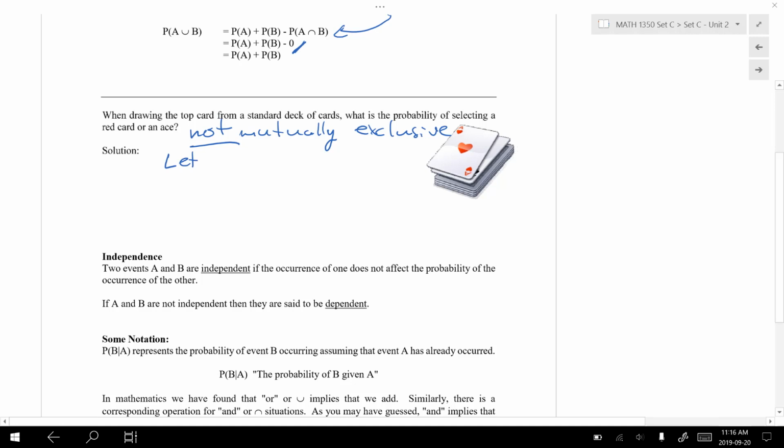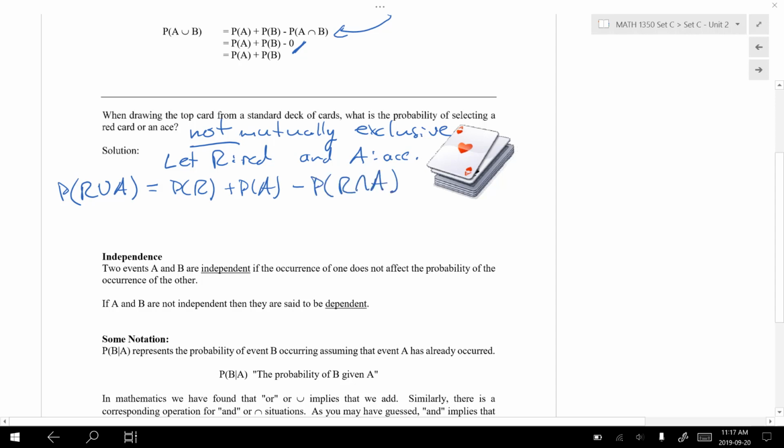So let's write this out. We can have R for red, and A for ace. We can consider the probability of red or ace to look like the probability of red plus the probability of ace. Now we must subtract off the probability of having both. This is again to avoid the double counting.